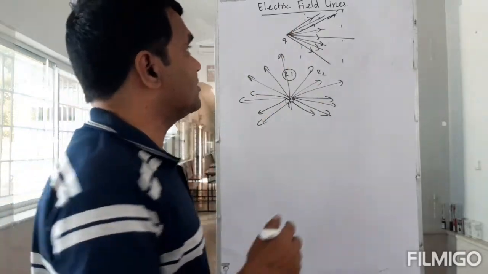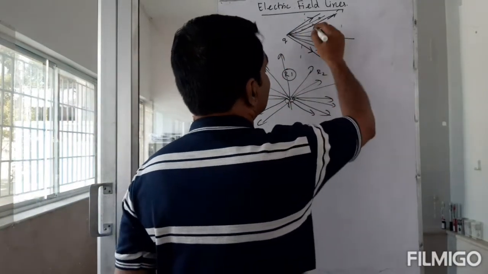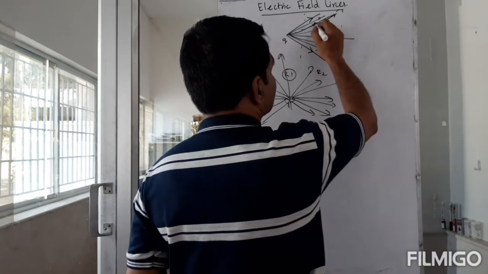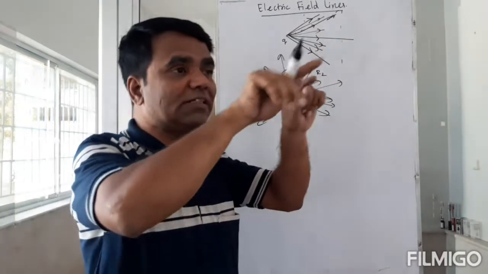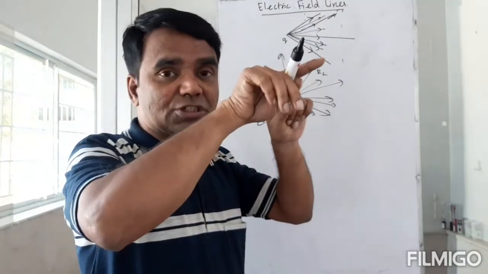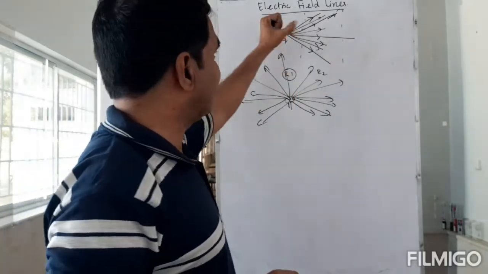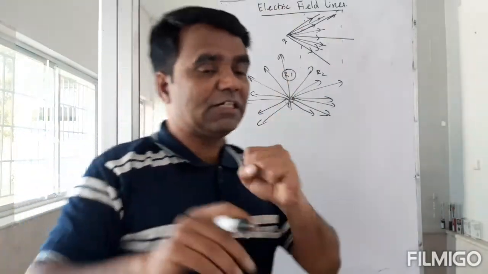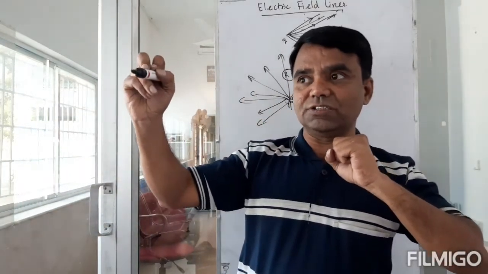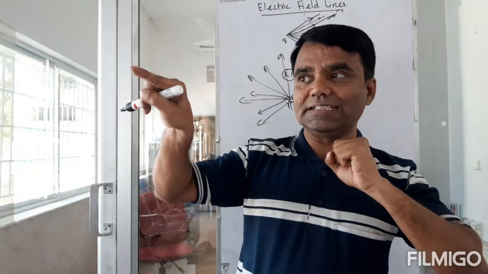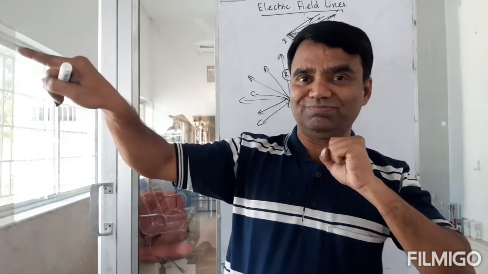So what do they represent? At any point in space, they give you the direction in which a unit positive test charge will move. If I have a charge Q here, it's going to have an influence around it. Suppose at this point I keep a unit positive test charge, then the electric field line gives me the direction in which that test charge will move.